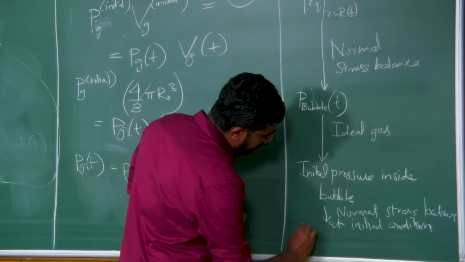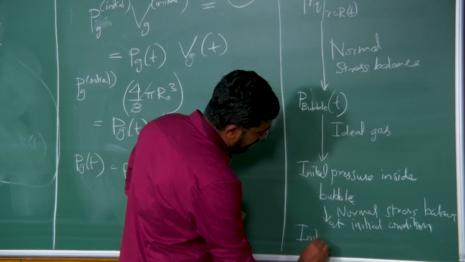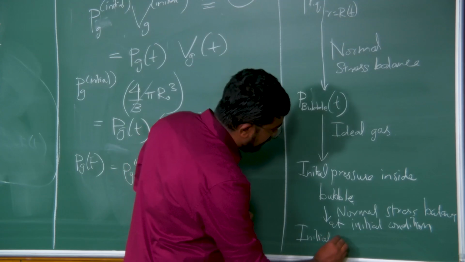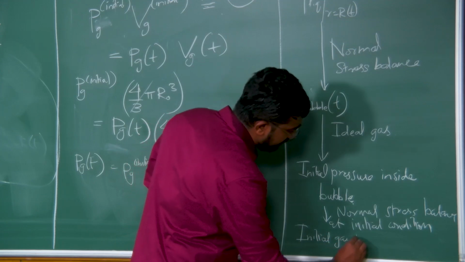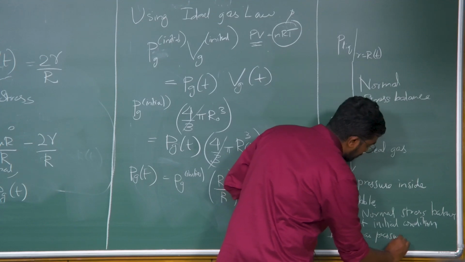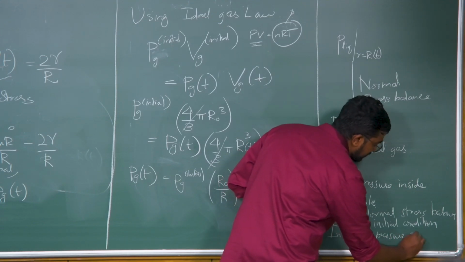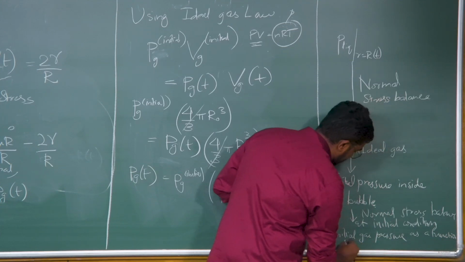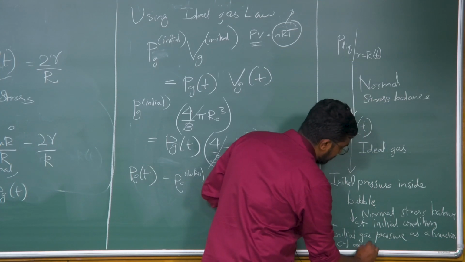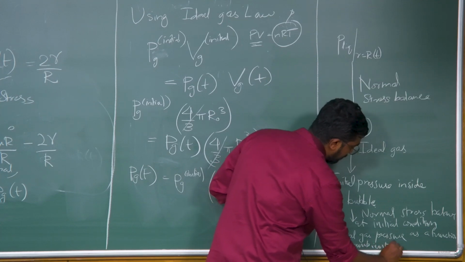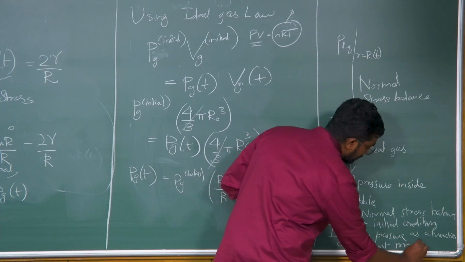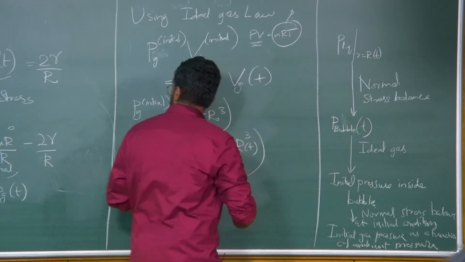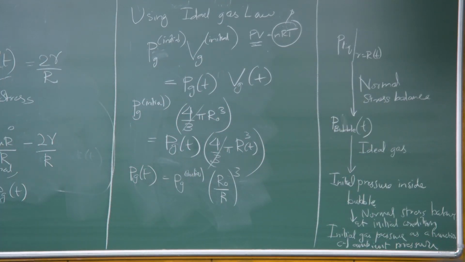So, we will use it to find the initial gas pressure as a function of ambient pressure. Okay. So, here the ambient pressure is P0, that was what was balancing the bubble to be stable.